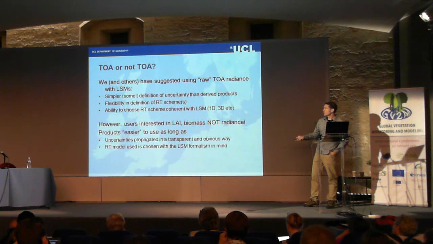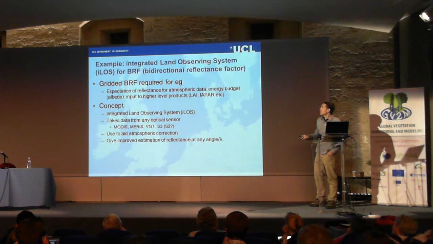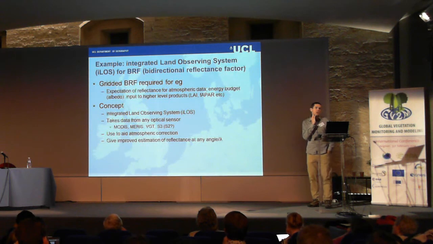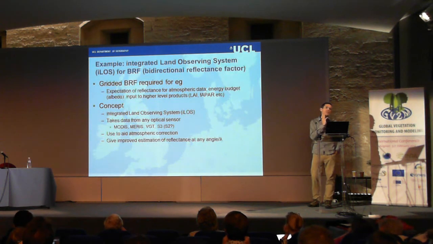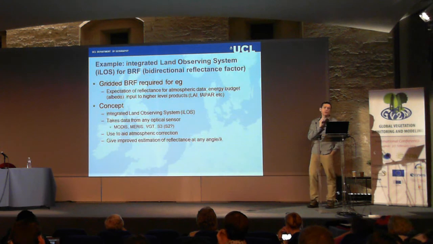And one way to do this is choosing radiative transfer models, observation operators, that are chosen with a particular land surface model formalism in mind to try and keep these things consistent. So this is an example of some work that Lewis did just recently to build a toy land surface data assimilation scheme, a what-if version of it.